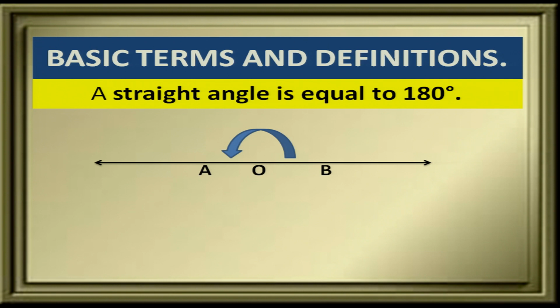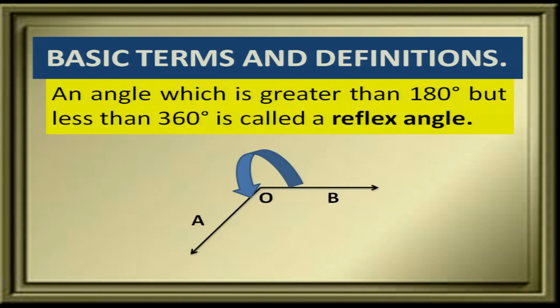And if this angle measure increases beyond 180 degrees, then what happens? Its name will be reflex angle. So an angle which is greater than 180 degrees but less than 360 degrees is called a reflex angle. While writing a reflex angle, we have to consider whether we mean the acute or obtuse angle.